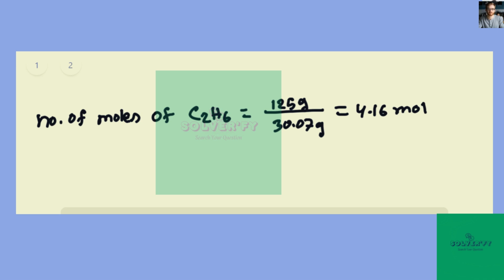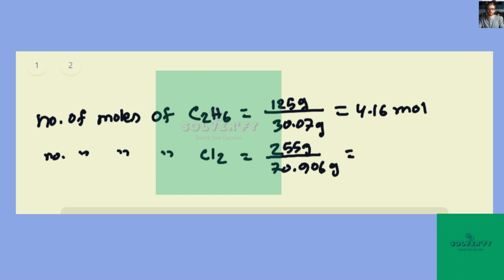and then we have to find out the number of mole of chlorine gas which is reacting. The mass of chlorine gas reacting here is 255 gram, and the molar mass of chlorine is 70.906 gram.